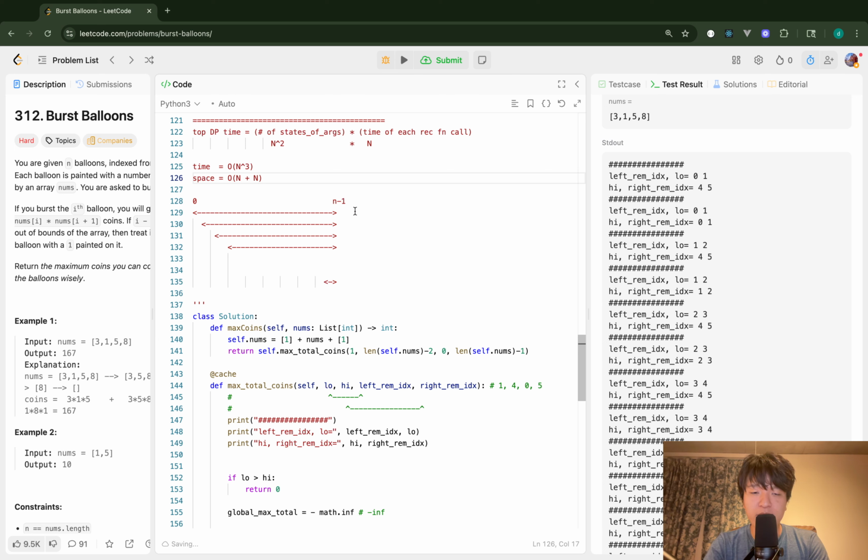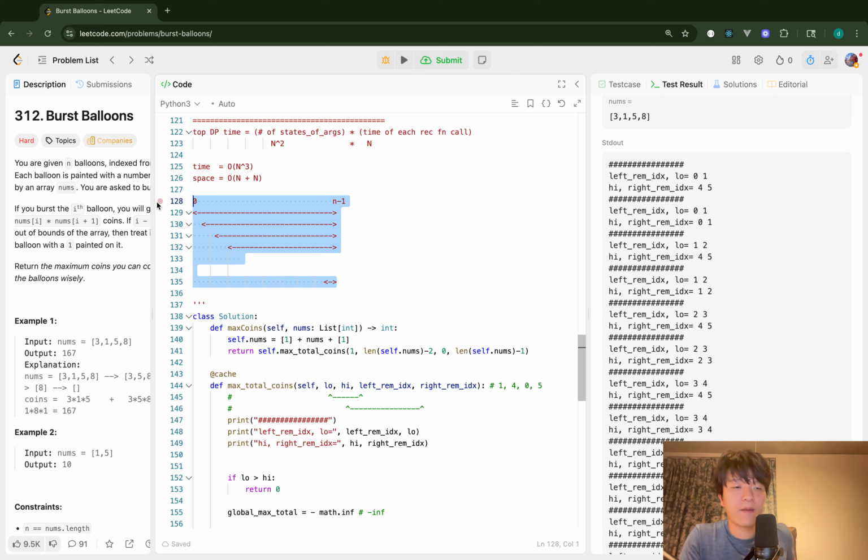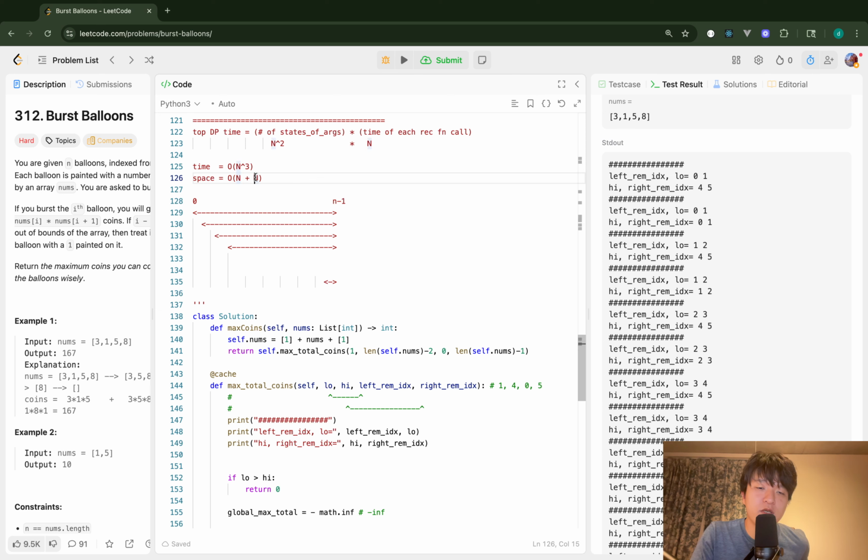The recursive function call stack is O of n. So there is a space complexity as the recursion stack. So in total, it is O of n. Yeah, so this is the extra space complexity. Good.